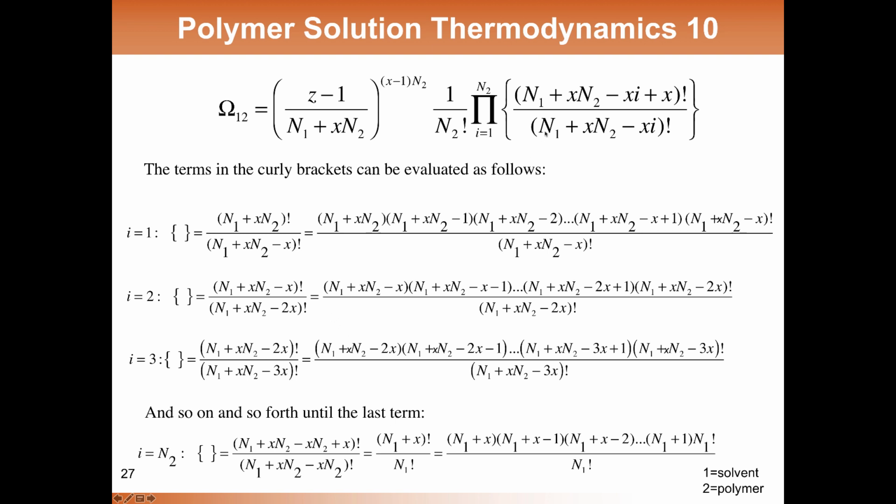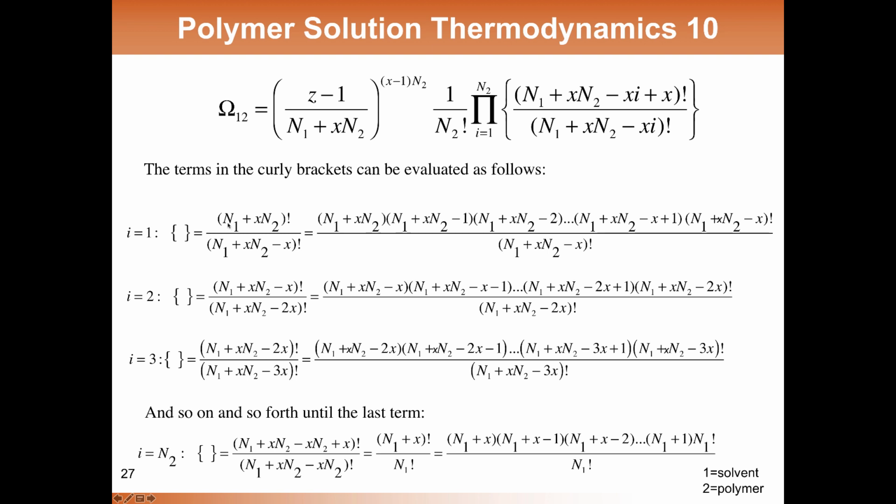And what you'll see in the first case is the number of ways of arranging the first polymer molecule on the lattice. When i is equal to 1, this term goes away, and this one just goes to x. And so what's left is this.